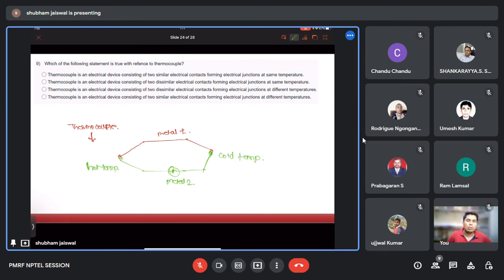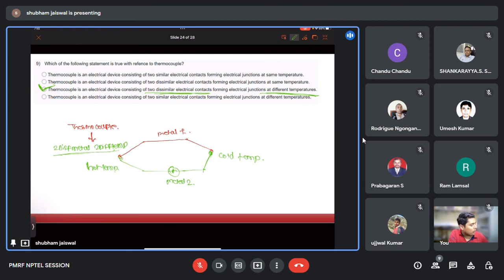Because of these two dissimilar metals maintained at hot and cold temperature, an EMF is induced, and that will be proportional to our temperature. So in thermocouple, we need two different metals maintained at two different temperatures. This is the main criterion for the thermocouple, and among these four, only the third one, that the thermocouple is an electrical device consisting of two dissimilar electrical contacts forming electrical junctions at different temperatures. So only this one is the correct one.